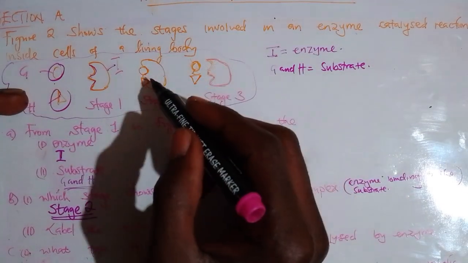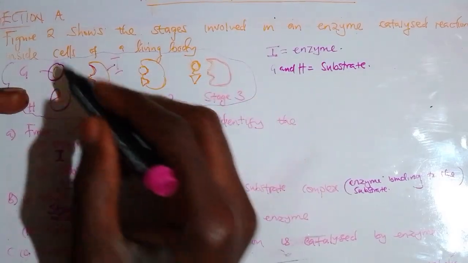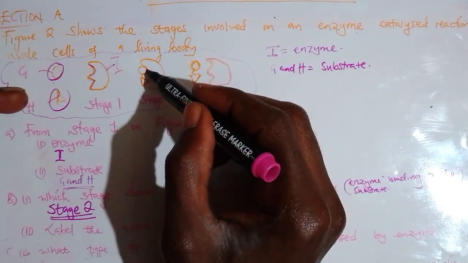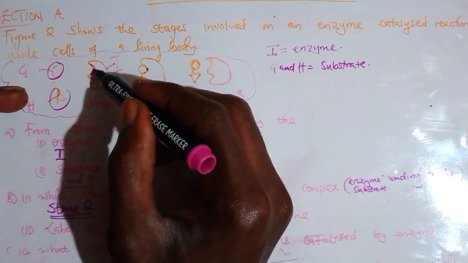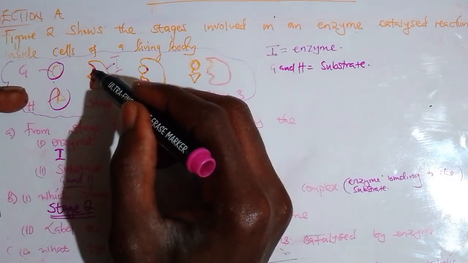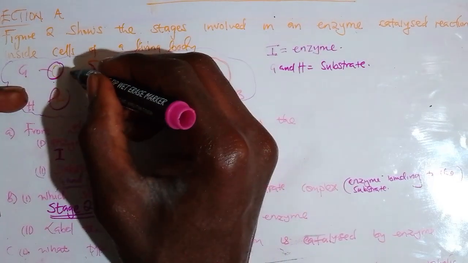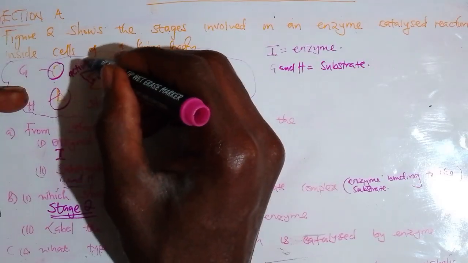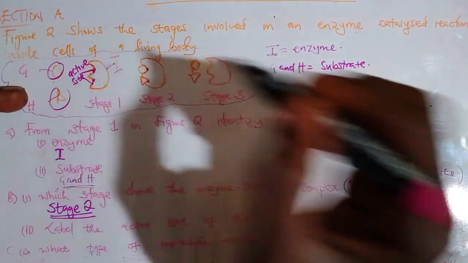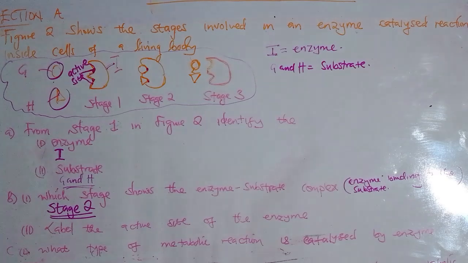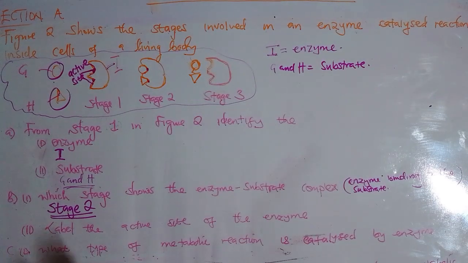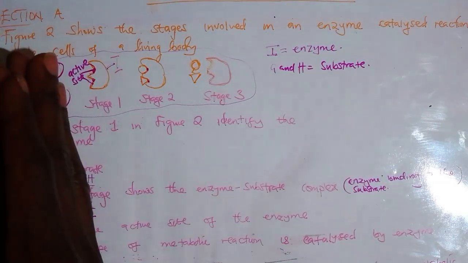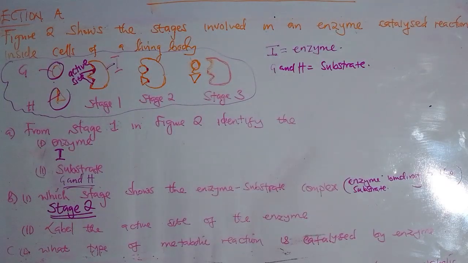So we can see that in stage 2, these two, they bound where? Here. So meaning this and this are what is known as an active site. So once you write like that, meaning you have labeled your active site.